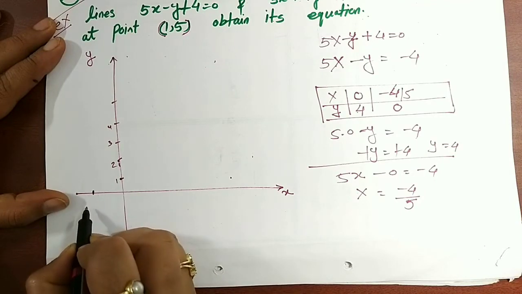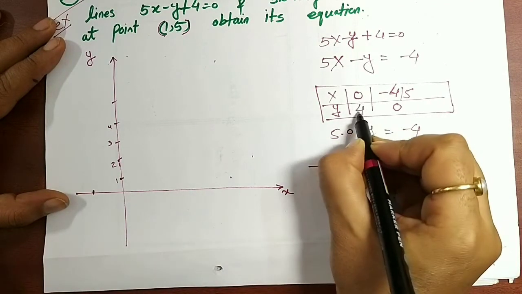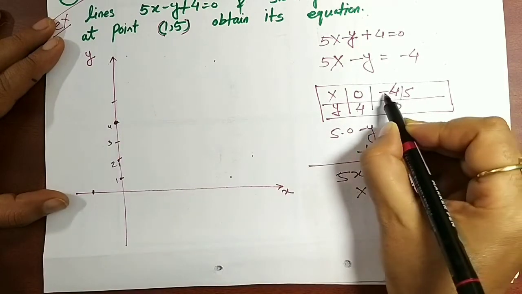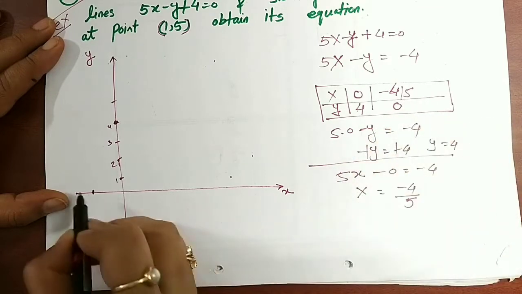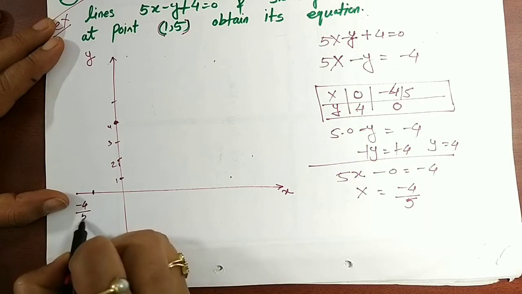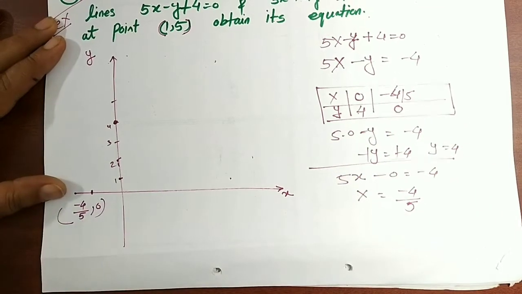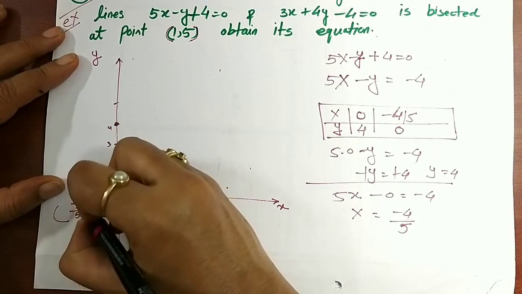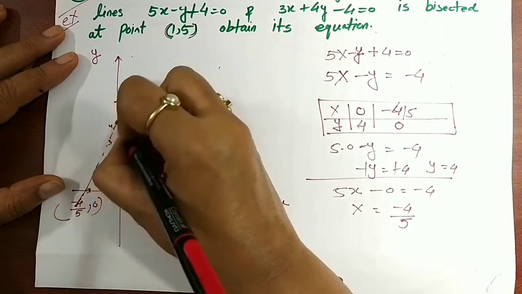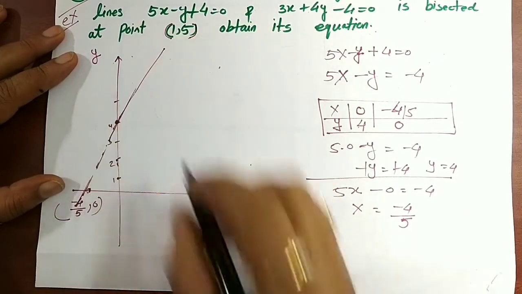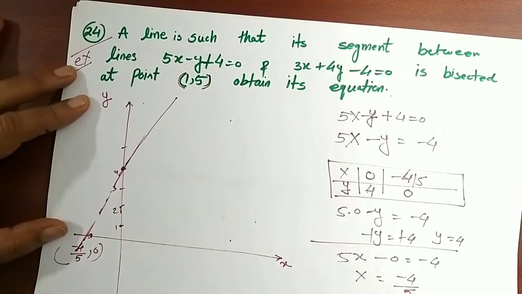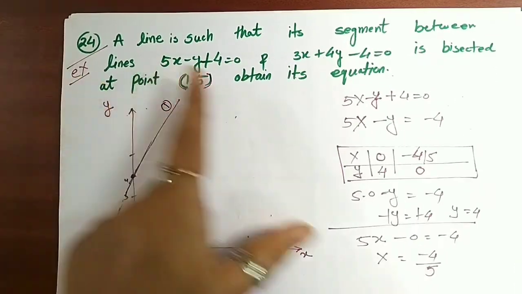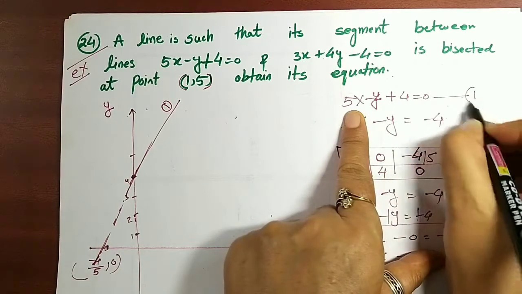This is 0, 4, so it is on the y-axis here, and the second point is minus 4 by 5, 0, somewhere here. So I got these 2 points, which means my line is something like this. Understood? So this is my first line, my first equation.